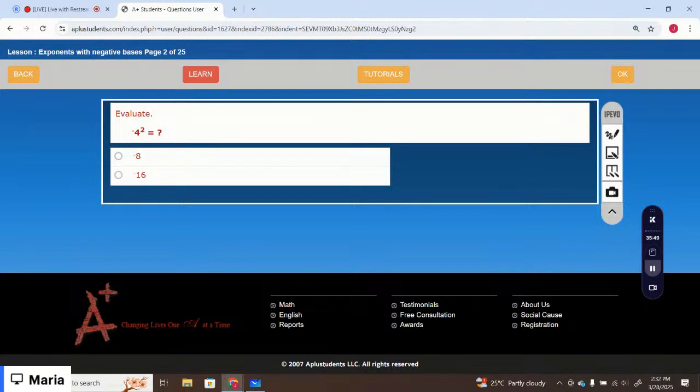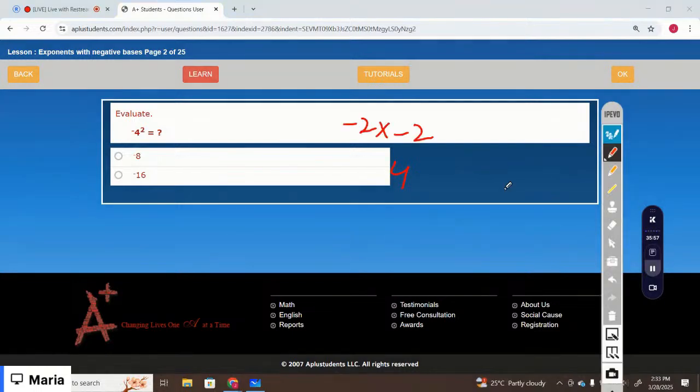Negative 4 squared. Now the negative sign is just a negative sign like this, and the square is just for the 4. So you evaluate 4 times 4. So 4 times 4 is 16. That is negative 16.